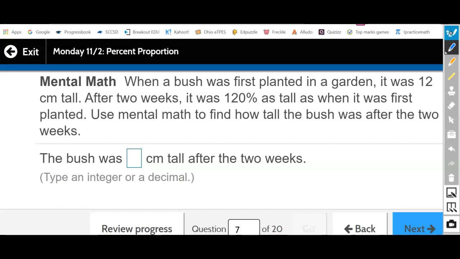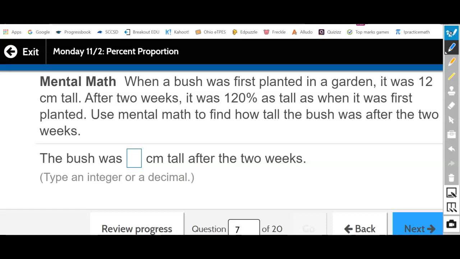If I have more than 100%, then that means I have more than one whole, right? Or something increased. In this case, something is increasing because we start at 100%, and when it grows, they're counting that as greater than 100%.